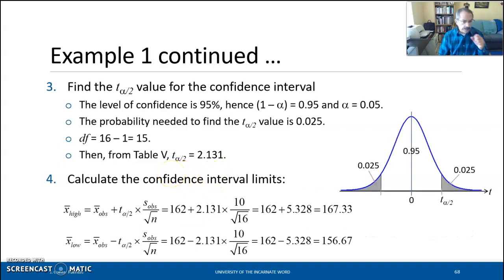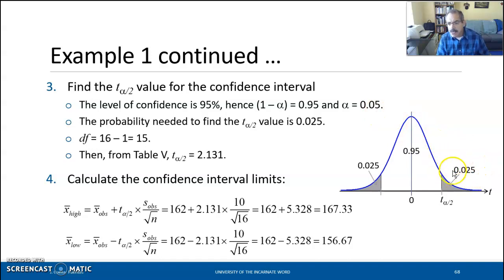In step 3, we want to find the t-value that we're going to use in the calculation of the confidence interval. We use the level of confidence, which in this case is 95%. Then alpha is 0.05, and remember this 0.05, which is the probability remaining outside the 0.95, we divide equally between the two tails. So 0.05 divided by 2 is 0.025.